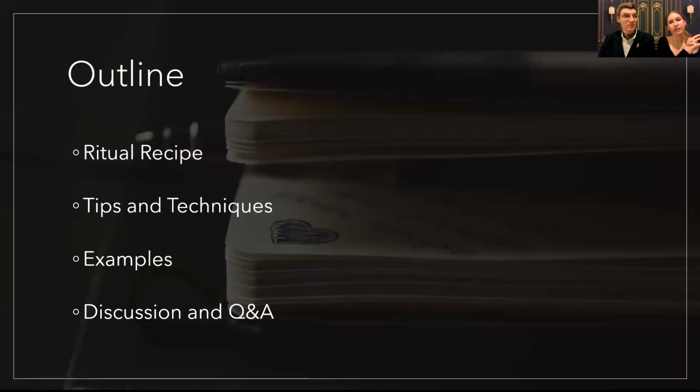Make it strong, make it work, make it fun. What are some examples? As Dan already mentioned, we're going to be really grounding this in actual samples of rituals. And finally, we're going to do a discussion around some popular questions about ritual design, and then leave a little space, hopefully, for Q&A at the end.